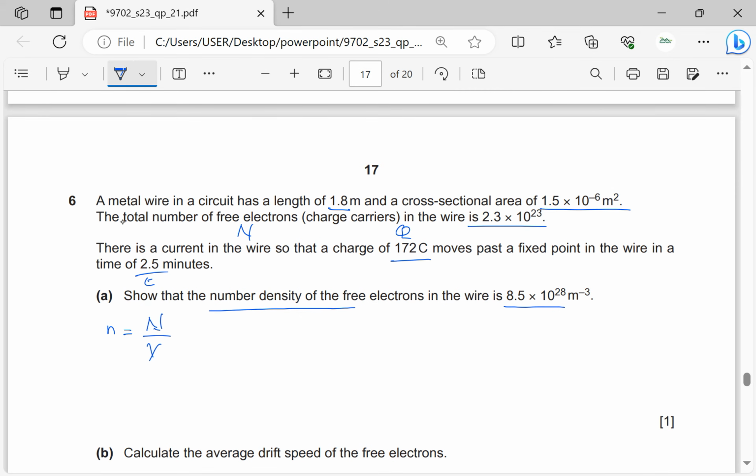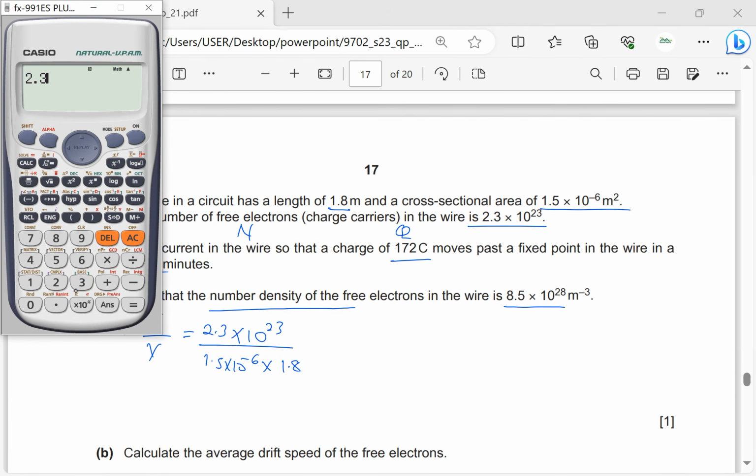So the total number of free electrons is given as 2.3 times 10 power 23 divided by the volume. Volume is cross-sectional area times length. So the volume is going to be the cross-sectional area, which is 1.5 times 10 power minus 6, times the length, which is 1.8.